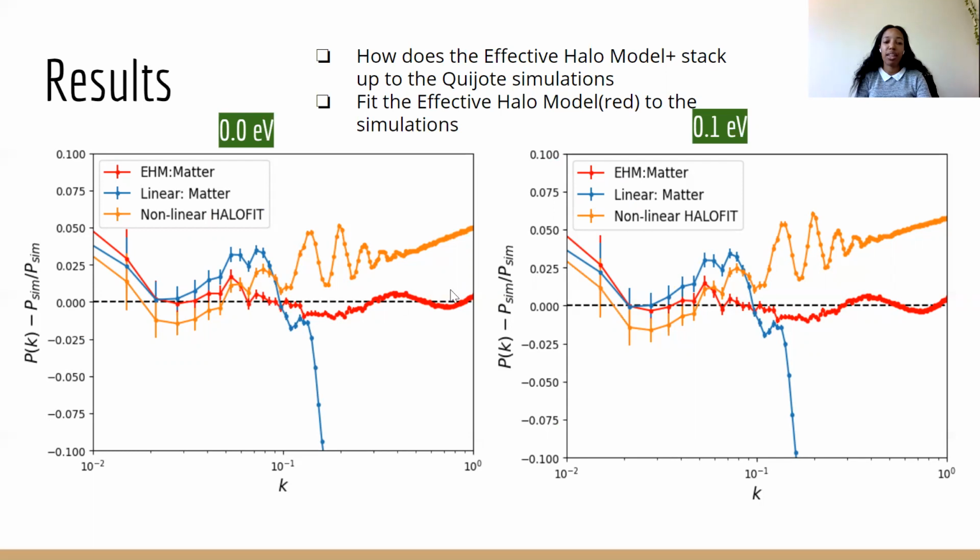You can see that the effective halo model stays relatively close to the 0 line, which is very good. But the linear power spectrum and the nonlinear halo fit model don't do as well comparatively.